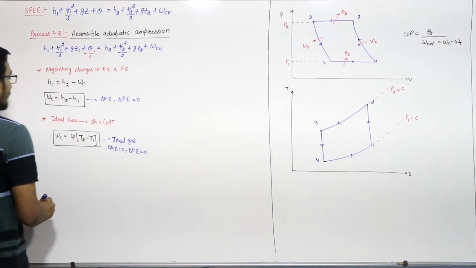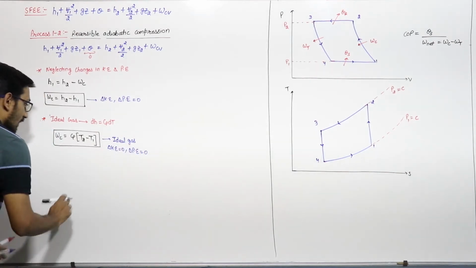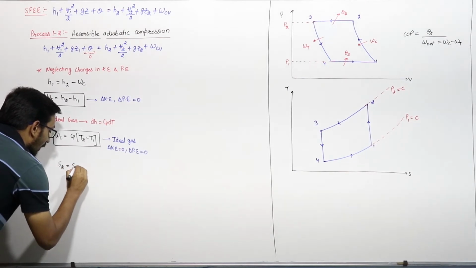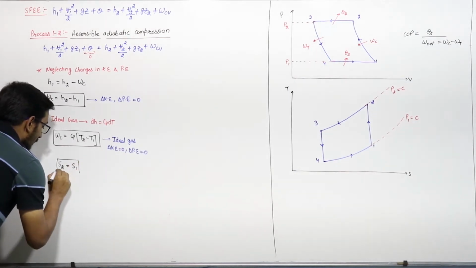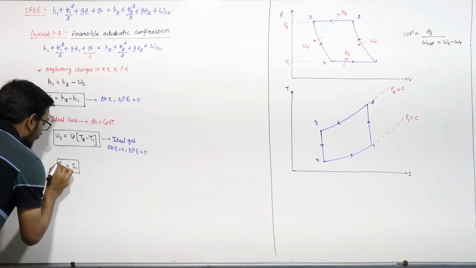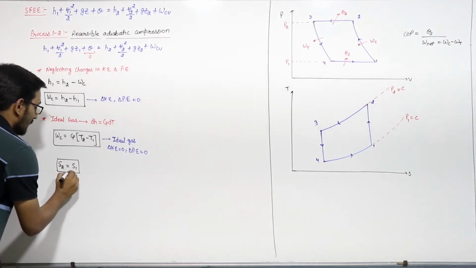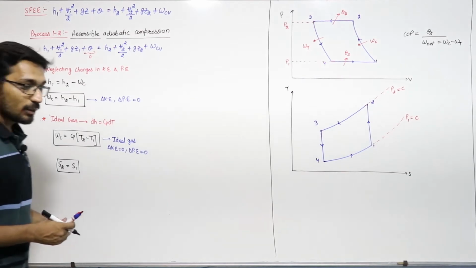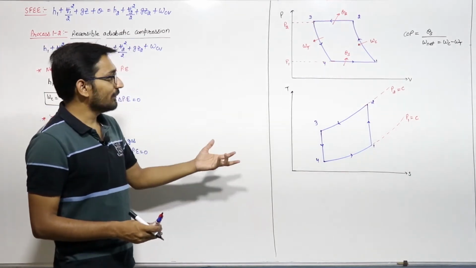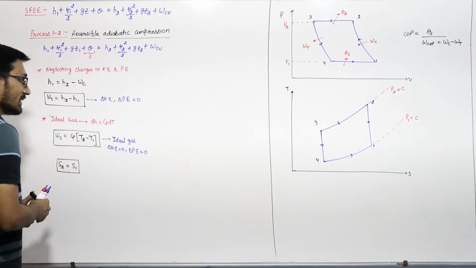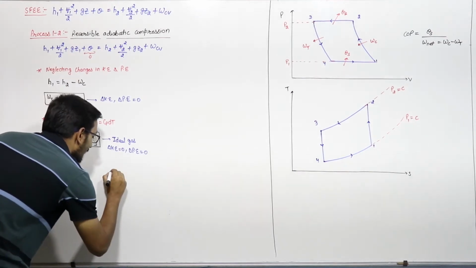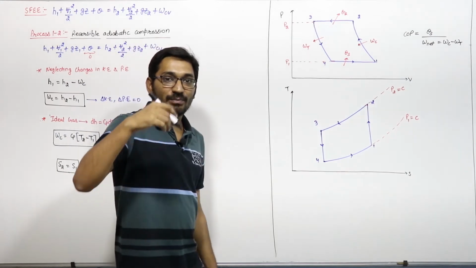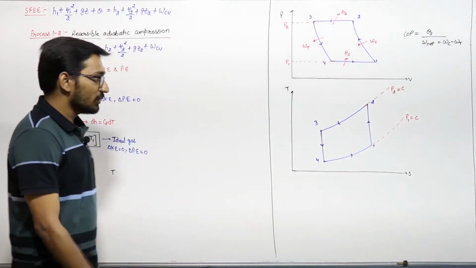So the entropy at point 2 will be equal to the entropy at point 1, because it is an isentropic process, so entropy will be constant. And one more equation you can write from here, because this is an adiabatic process, is the adiabatic formula: PV raised to the power gamma is equal to constant.